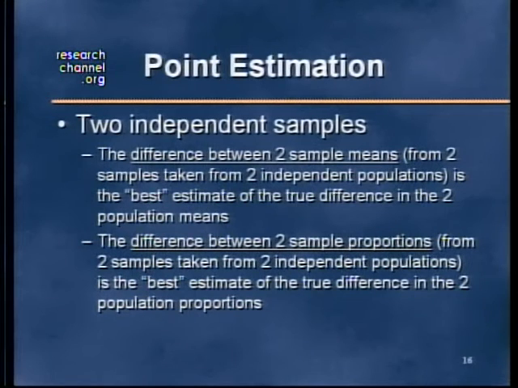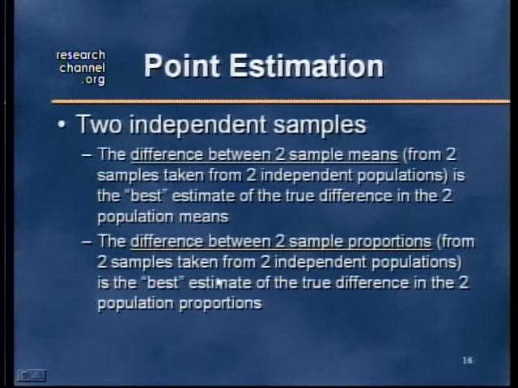And we will be developing the notions as well that when we're interested in comparing two groups, such as drug A versus drug B, if we have continuous data, such as mean times to response, then the difference between two sample means, in which we've taken samples independently from one population and another, gives us the best estimate of the true difference in the two population means.